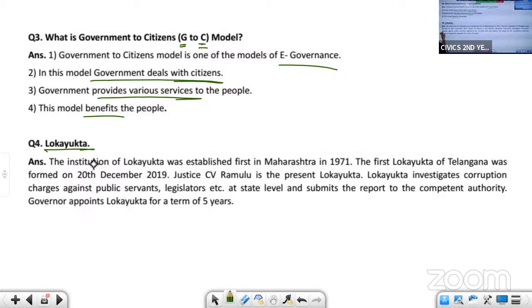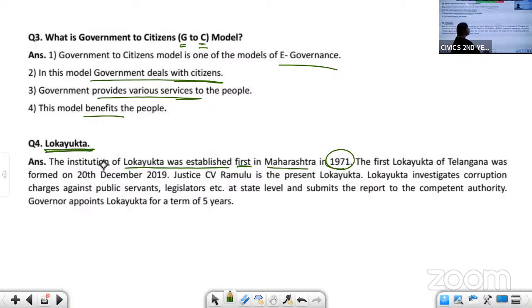Then Lok Ayukt will look into the cases of corruption against state government employees, state government ministers, or legislators. The institution of Lok Ayukt was established first in Maharashtra in 1971, and slowly every state adapted this.